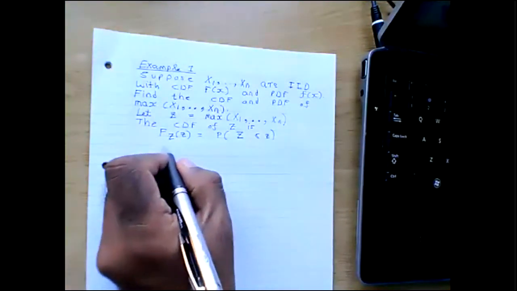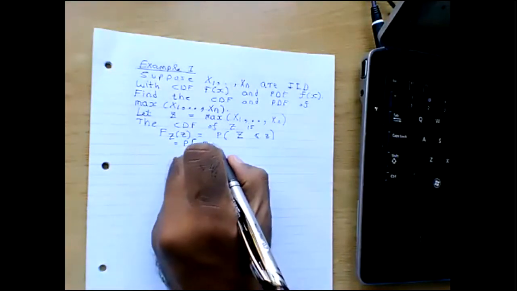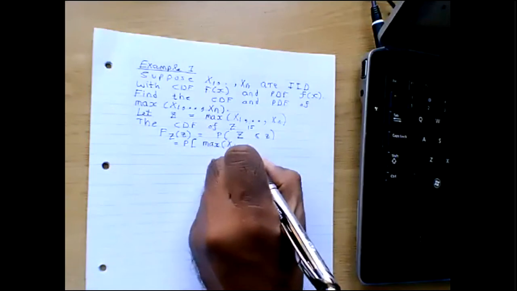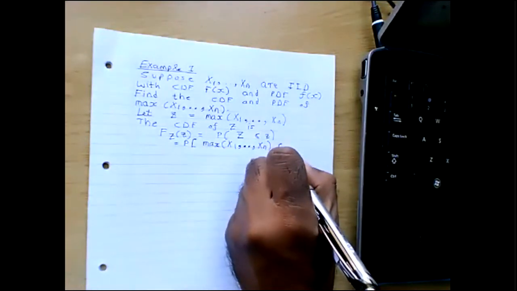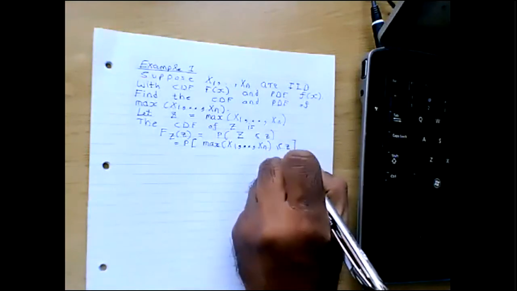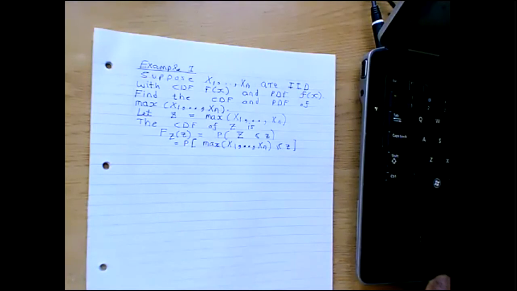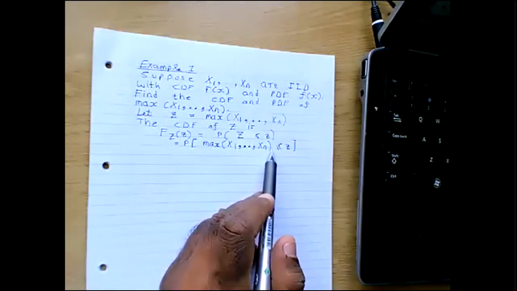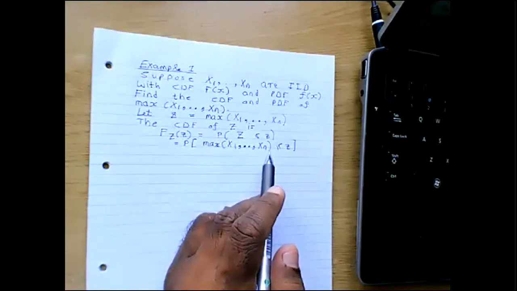And this is the probability that the max of x1 to xn is less than or equal to little z, right? Now, if the maximum is less than or equal to z, then each element within the brackets has to be less than or equal to z, right?